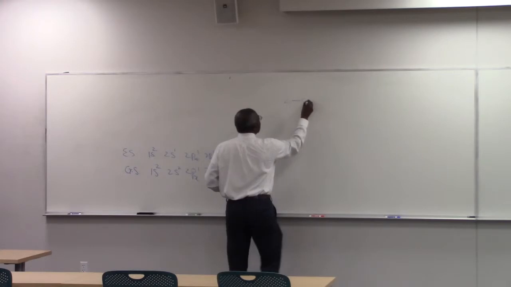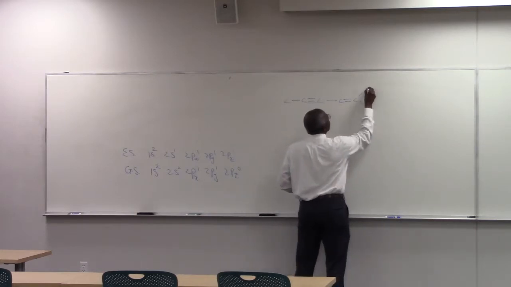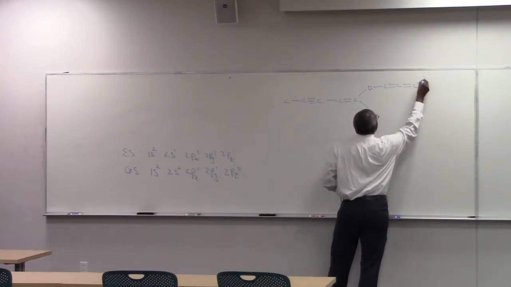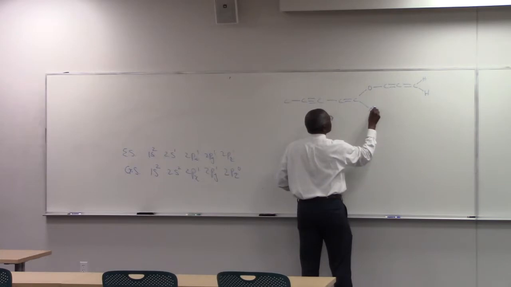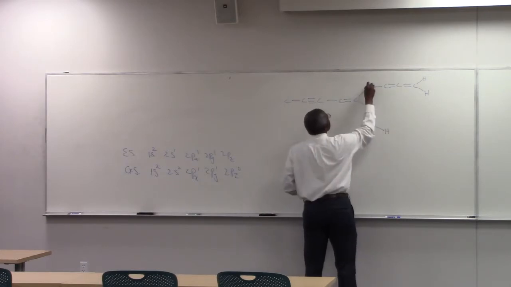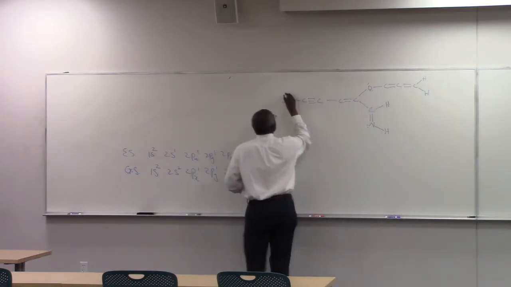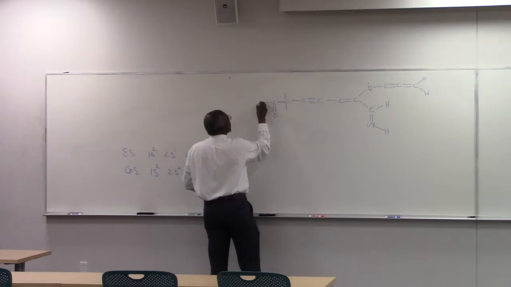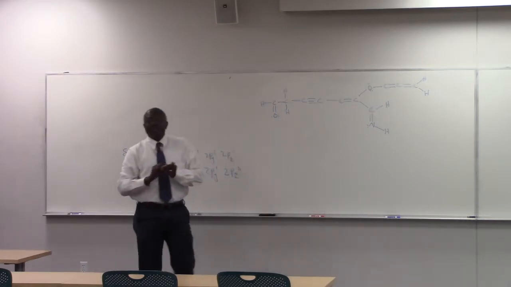So if you have a molecule like this, I have a species like this, and I ask you to give me the hybridization states of all of the carbons in that molecule.